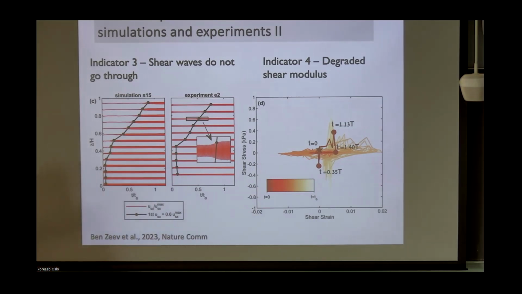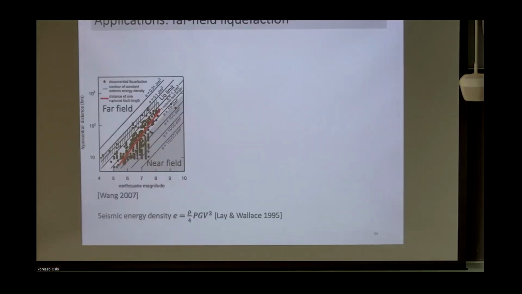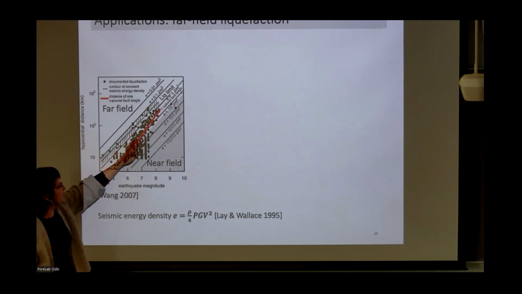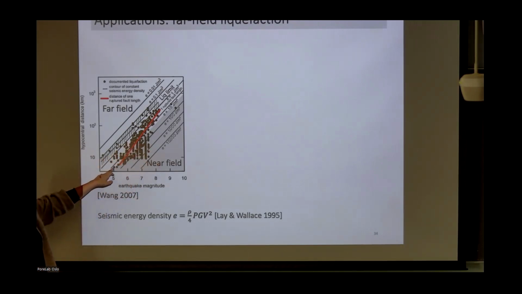And now I want to come to the last part of the talk, which is the application to the far field liquefaction. So this is a result from Wong, 2007, showing hypocentral distance versus earthquake magnitude and liquefaction events. So each dot is a liquefaction event measured in the field.